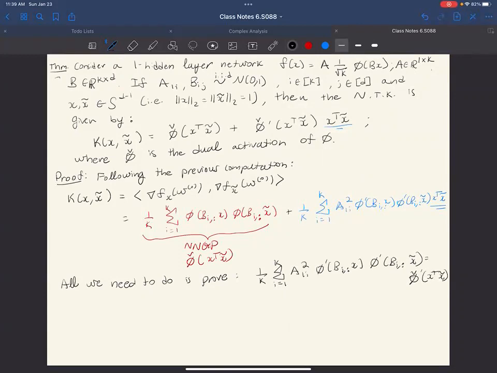Well, now this actually is not too bad still, and the reason is that if we look at that term in blue, let's say I call this part here S.